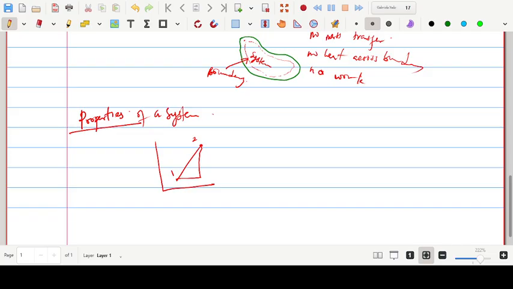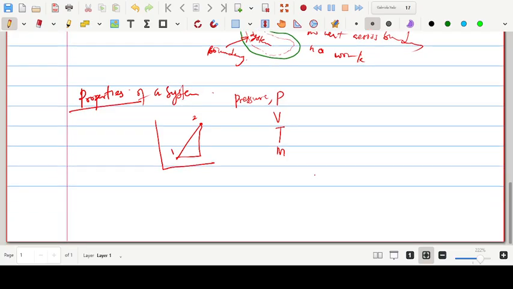Examples of these properties are pressure, which is P, volume, temperature, mass, entropy and the likes of them. As we move on, we'll get used to all these properties.